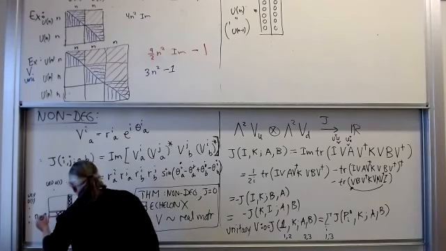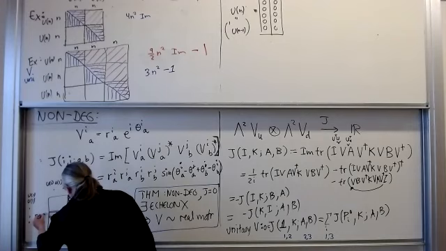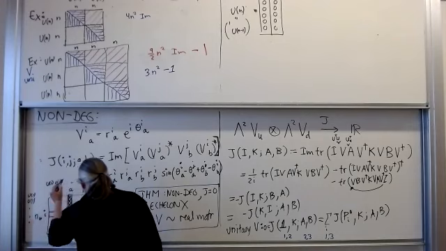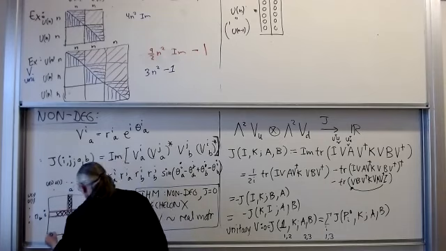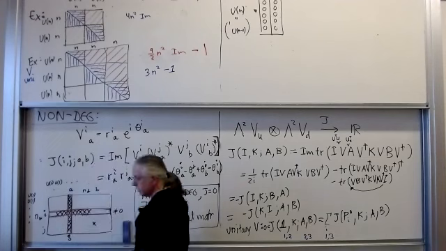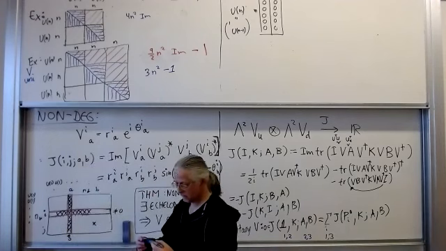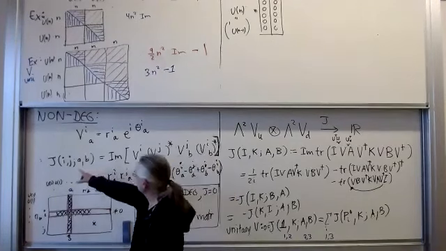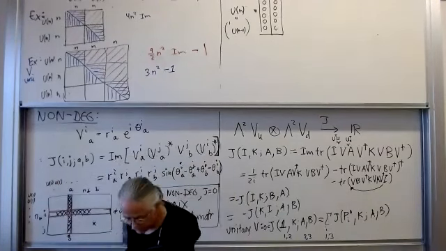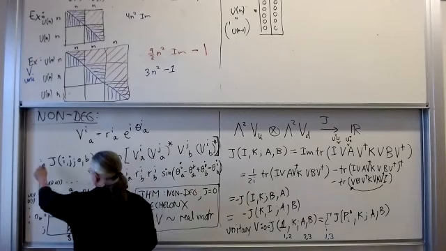Make sense? Then we can ask, what about this element here? Let's imagine this is I and A, and we would like to know what happens to the element here, which is B and J. We go up and look at the formula for the Jarlskog invariant, which we have assumed is 0.